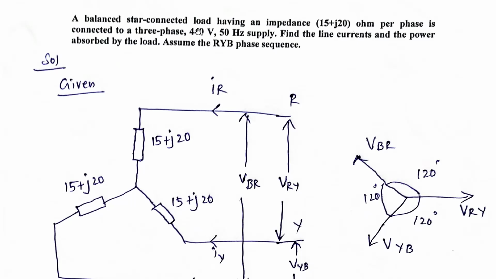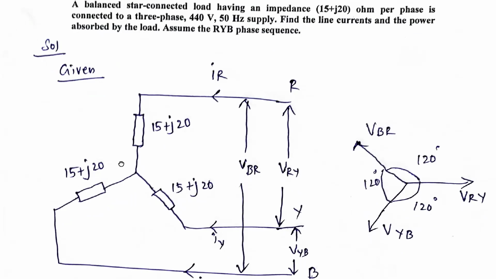First, from this problem, we need to draw the three phase balanced star connected network. What is the impedance given? The impedance is given as 15 plus j20. So I am adding the impedance here as 15 plus j20, here also 15 plus j20, and here also 15 plus j20.